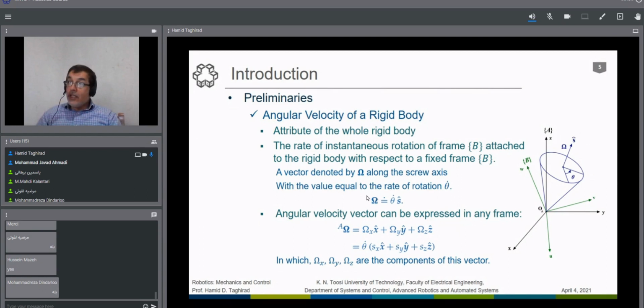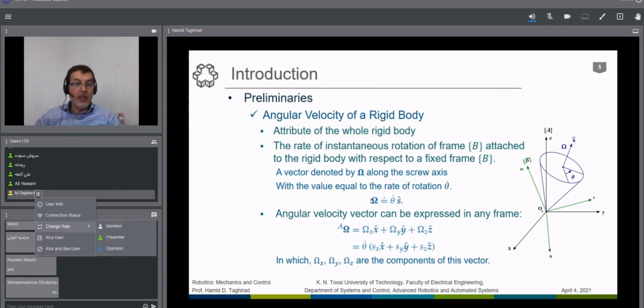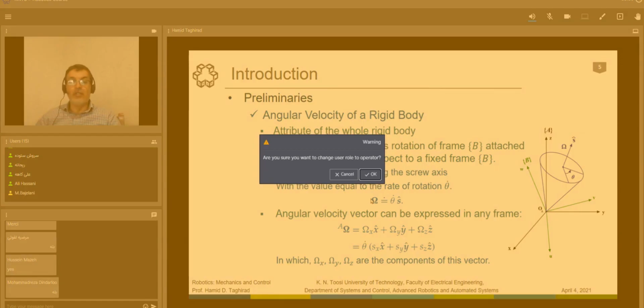Now, this vector can be represented in any frame. This is a real vector. It can be represented in frame A, B, or any other frame. If we write it in the reference frame A, it has three components. We call it omega. I intentionally used a large omega here to distinguish it from some other rotation matrix.